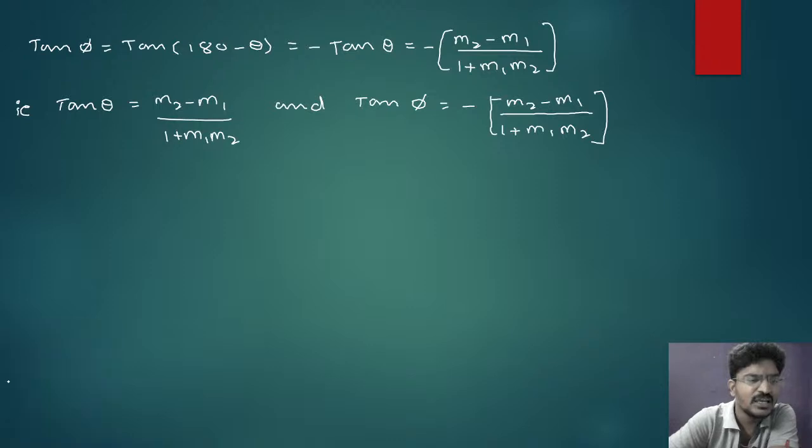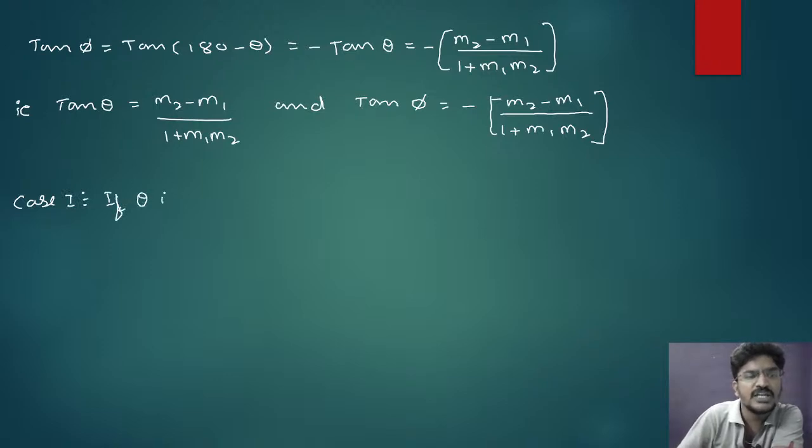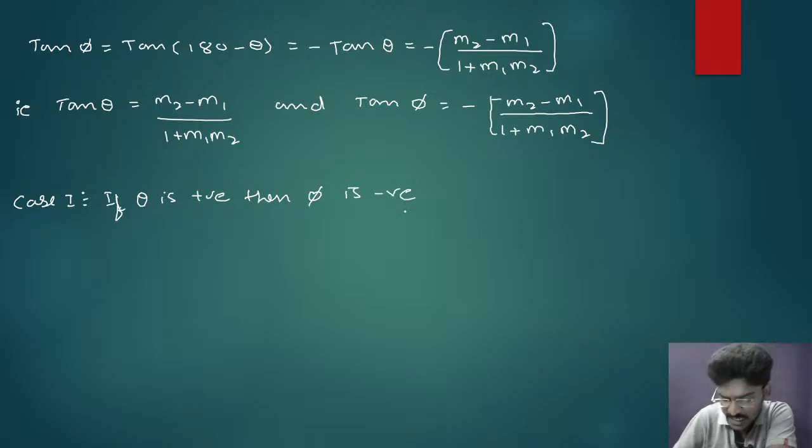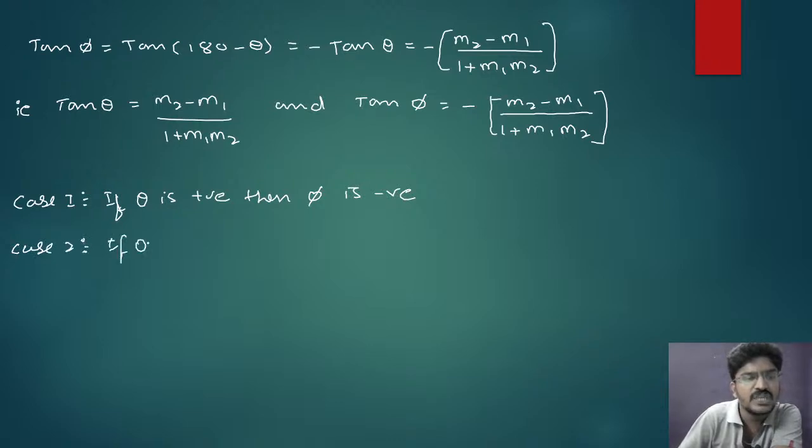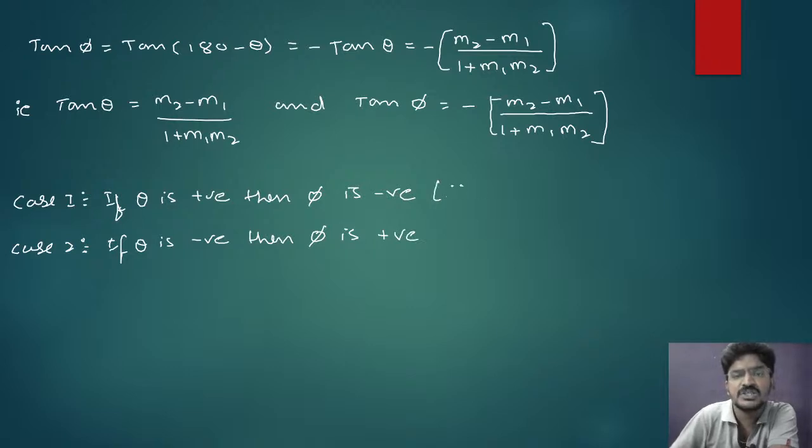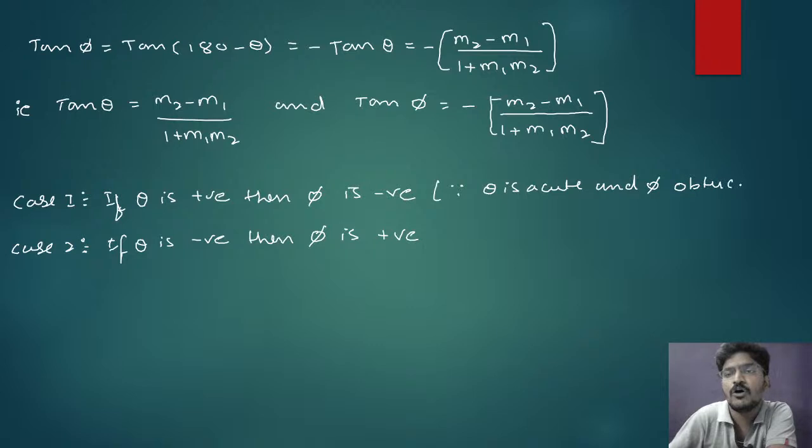Case 1 and case 2. See, in case 1, if theta is positive, then pi is negative. And case 2 is, if theta is negative, then pi is positive, because here theta is acute and pi is obtuse.